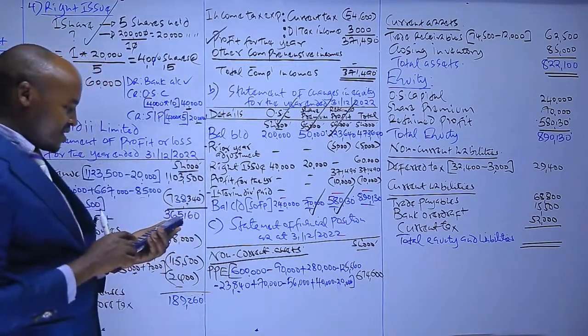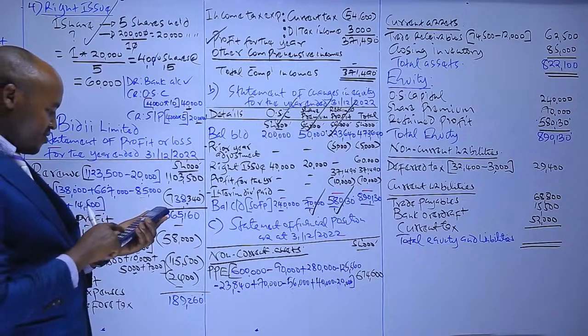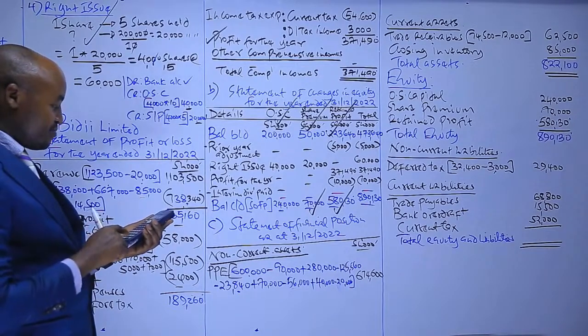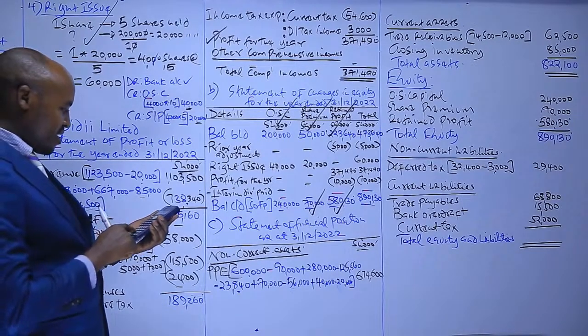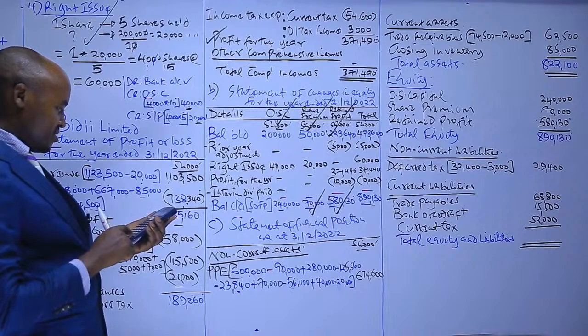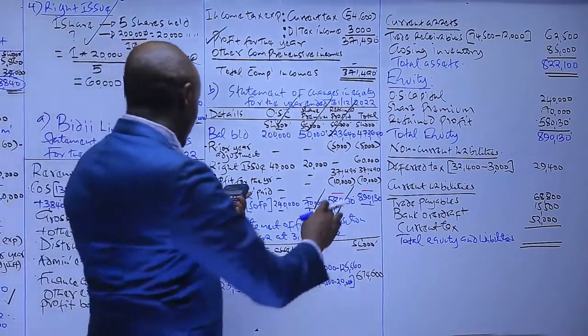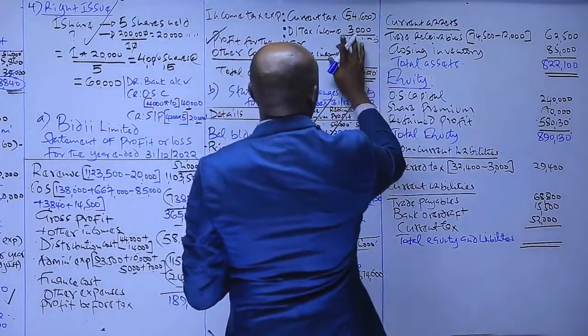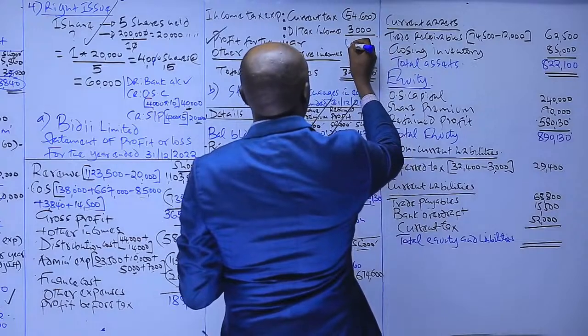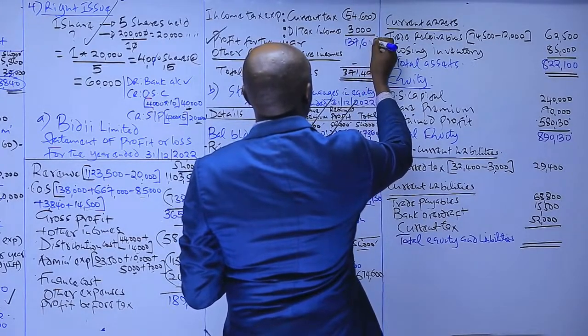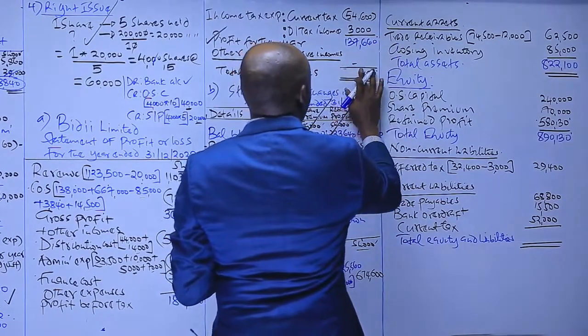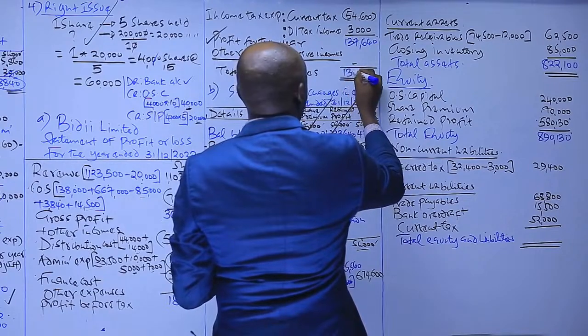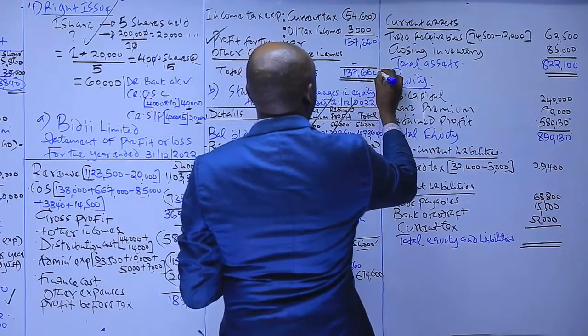And then we deduct the current tax, which is 54,600, plus the deferred tax income of 3,000. Yes, and our correct figure here for the profit for the year would be 137,660. Equally, that will be the total comprehensive income there.